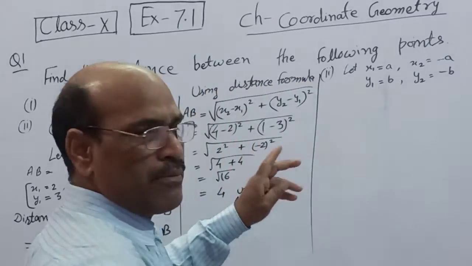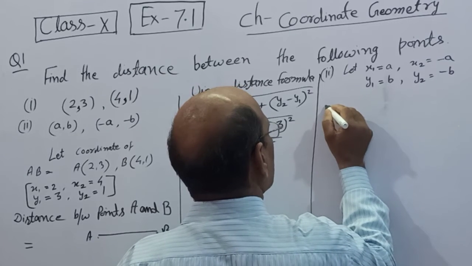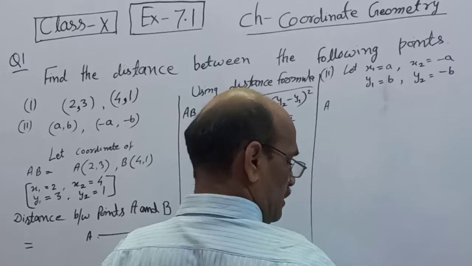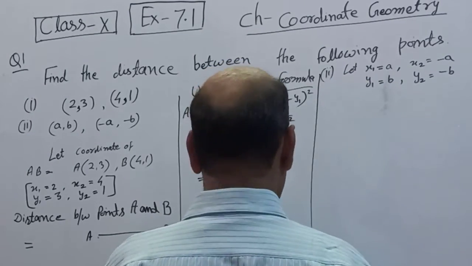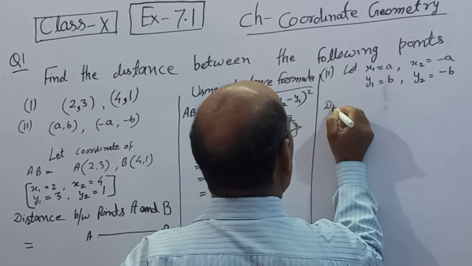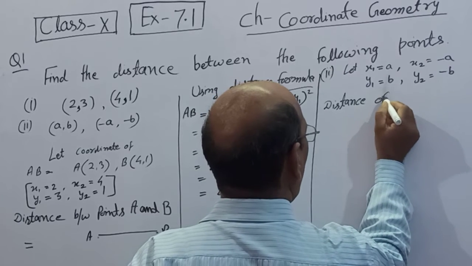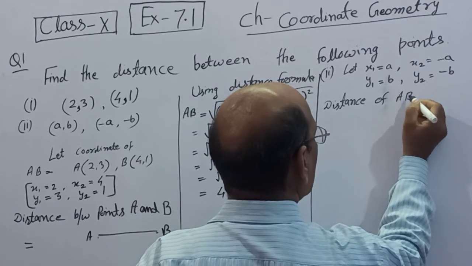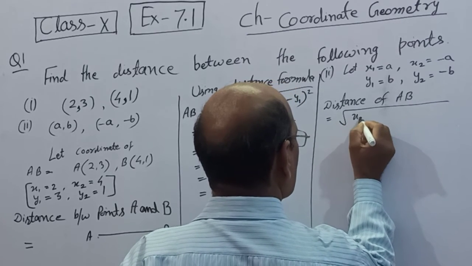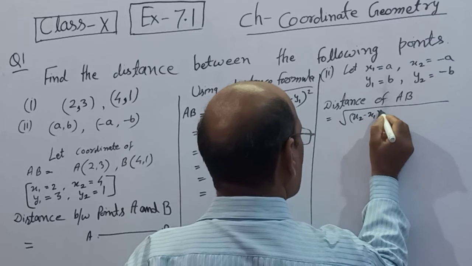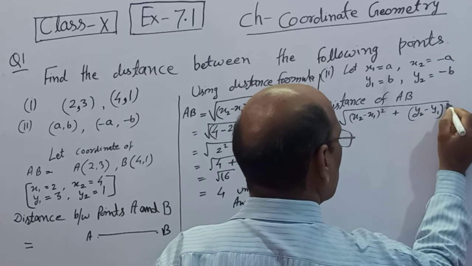Using the distance formula, the distance of AB is equal to the same formula, under root x2 minus x1 whole square plus y2 minus y1 whole square.